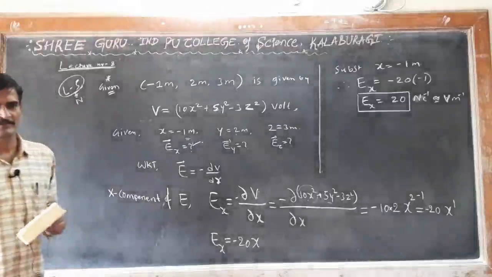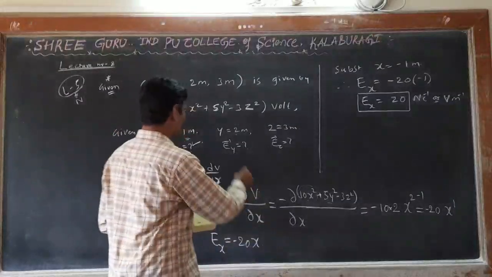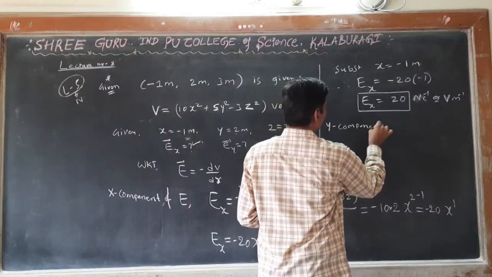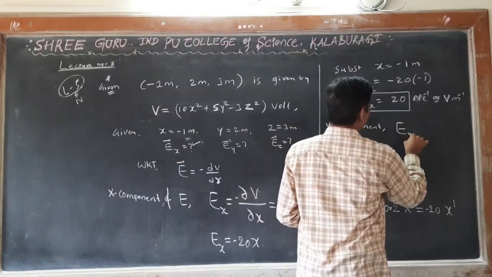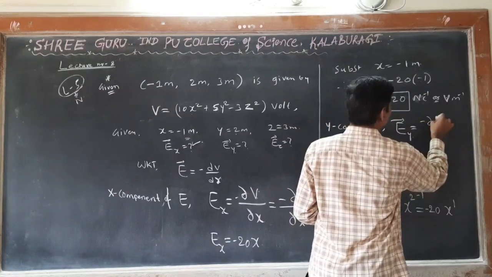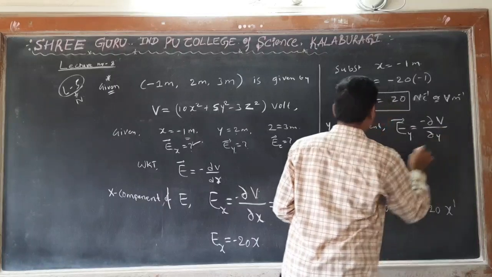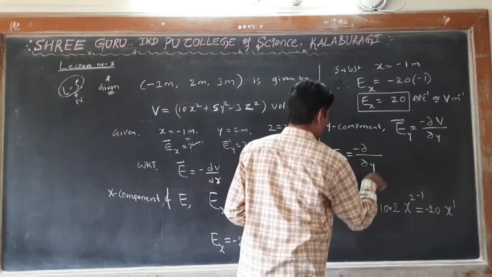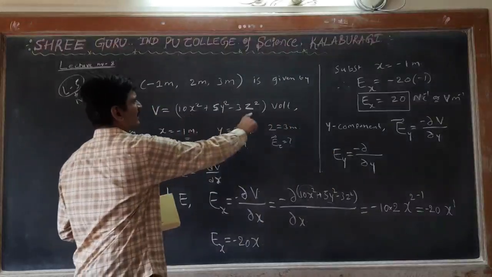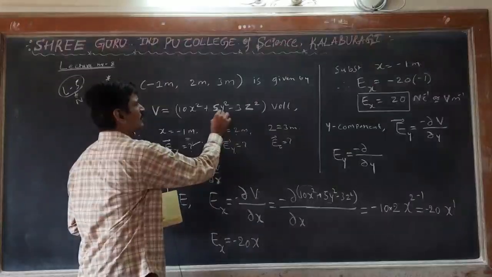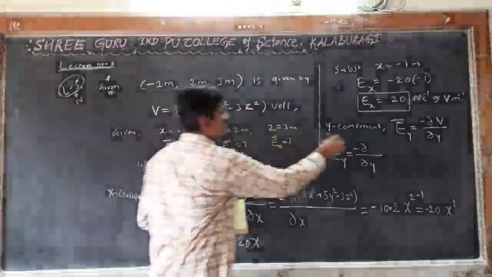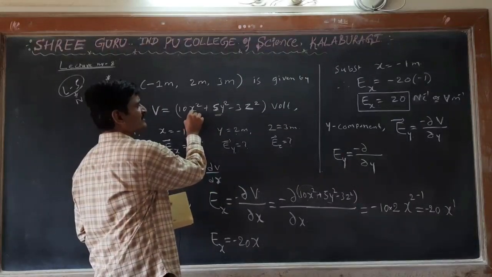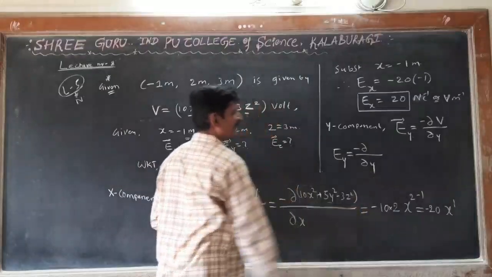Ex is completed. Similarly, you have to find the y component. Ey is equal to minus dou V divided by dou y. Here you can substitute everything, or only substitute this part, because differentiation of the x term with respect to y becomes 0.